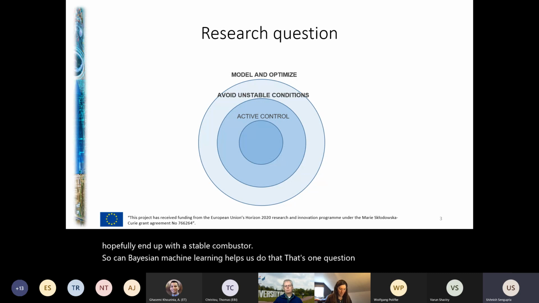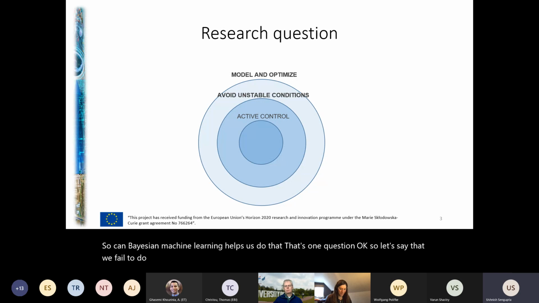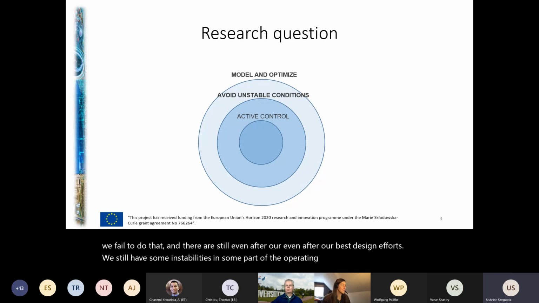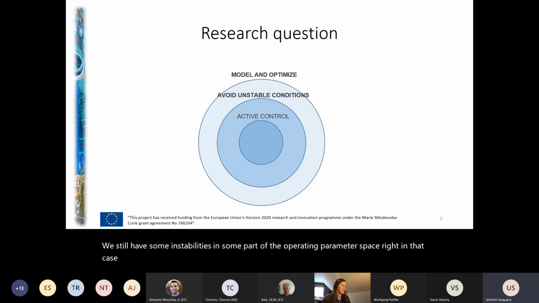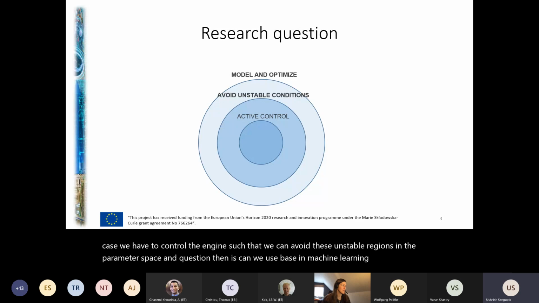Let's say that we fail to do that, and even after our best design efforts, we still have some instabilities in some part of the operating parameter space. In that case, we have to control the engine such that we can avoid these unstable regions in the parameter space. The question then is, can we use Bayesian machine learning to do that?